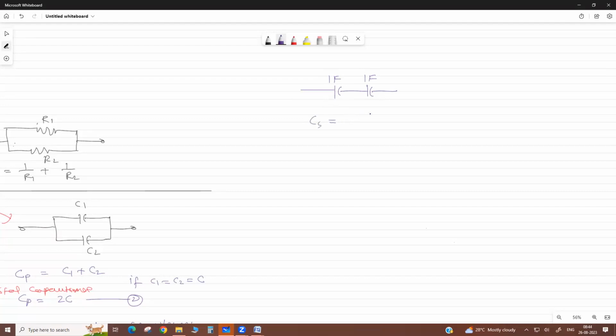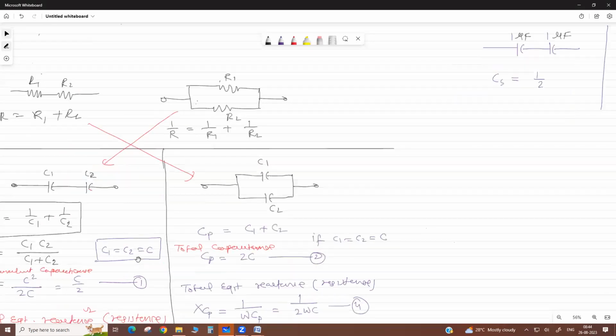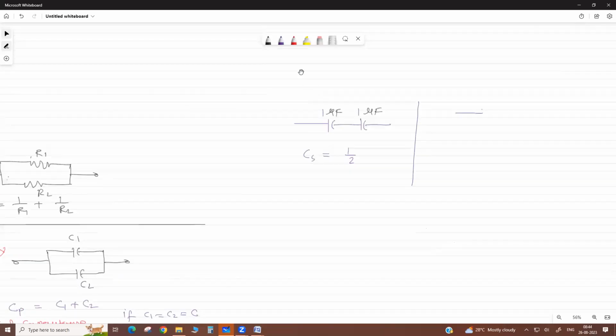It is C1 C2 by C1 plus C2, so C/2. Generally the microfarad unit is used. If you take 1 microfarad and 1 microfarad, then the total in series is half, C/2, where C is the value of each.